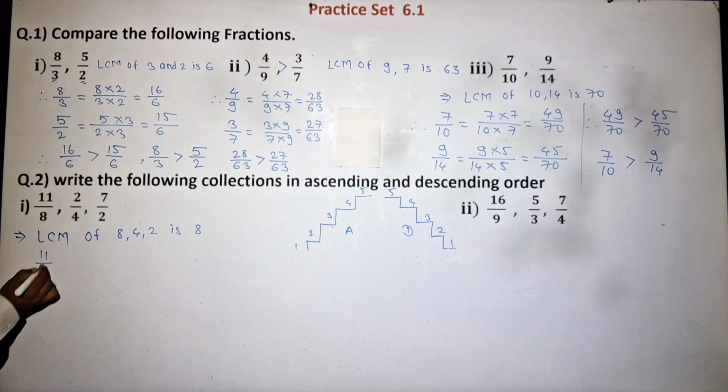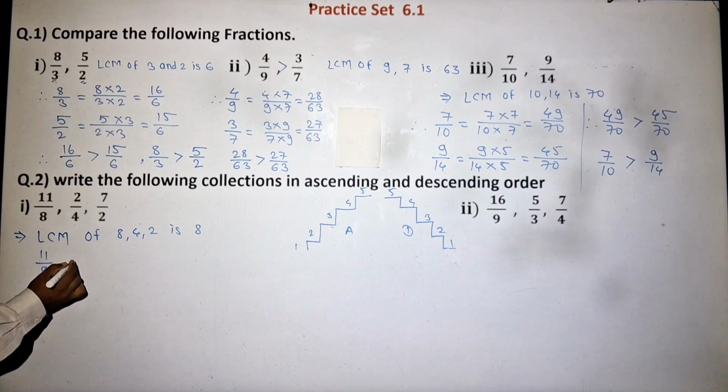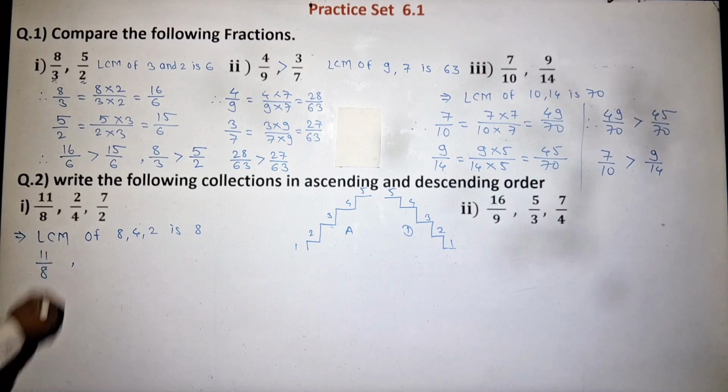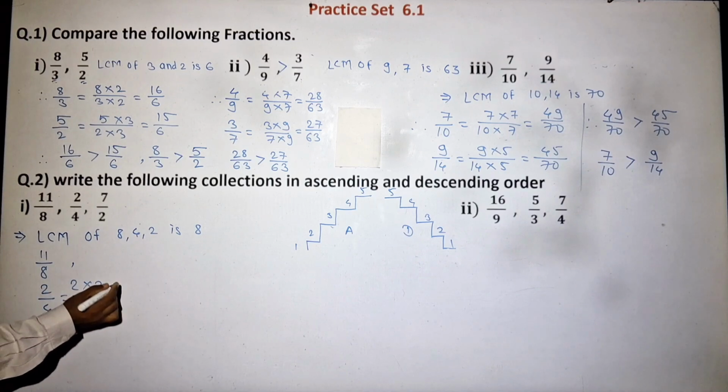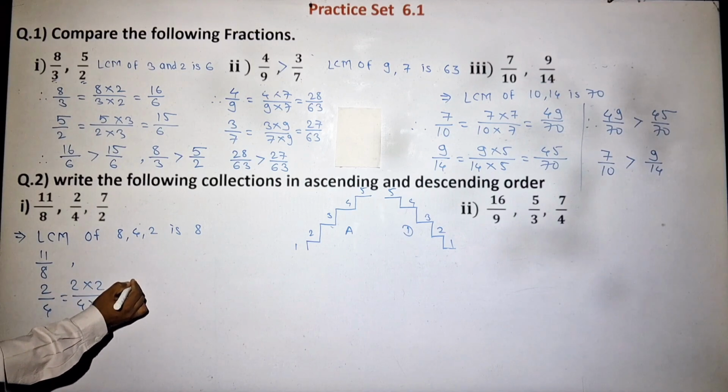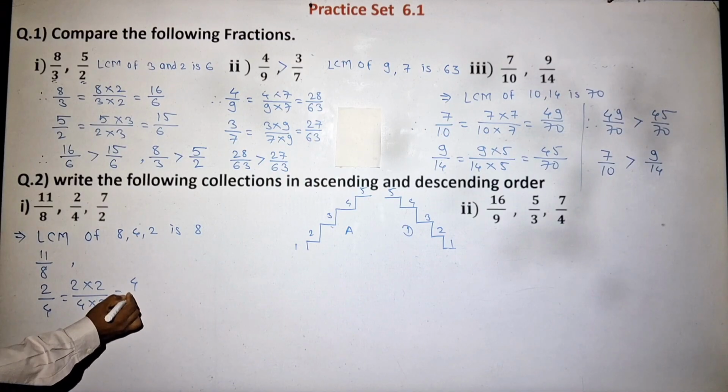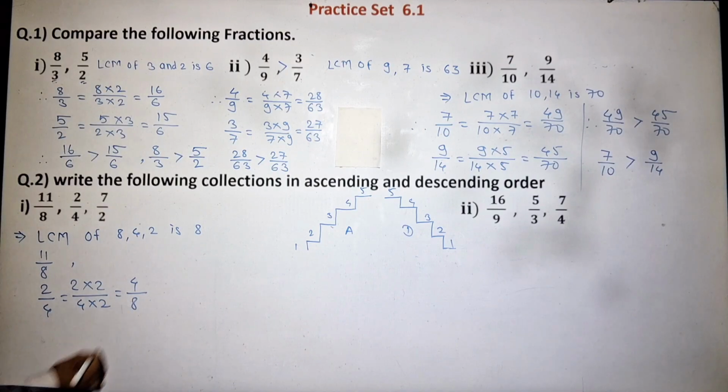Here 11 by 8 stays as it is. Now how can we write 2 by 4? 2 by 4 can be written as 2 into 2 over 4 into 2, which is 4 by 8.